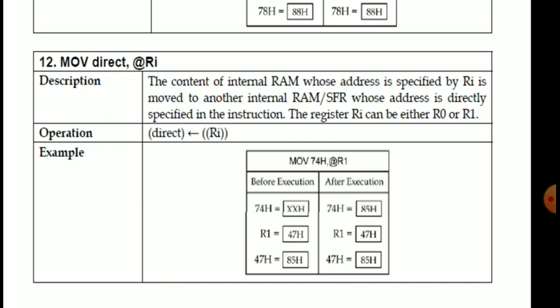So this is indirect addressing. Indirect, that means if you see the operation, to the left side, that is the destination, we can write a single parenthesis and in between the parenthesis we have direct. That is the address whichever is mentioned in the instruction as the destination, the contents of this destination are copied from where we have mentioned the register in the source, but the register will have some data or contents.